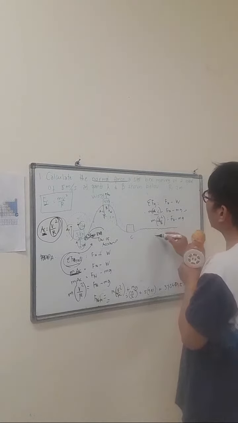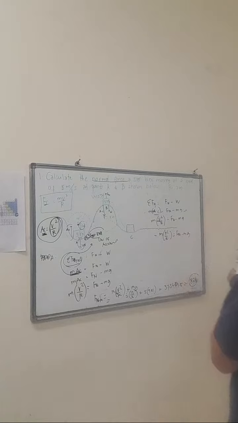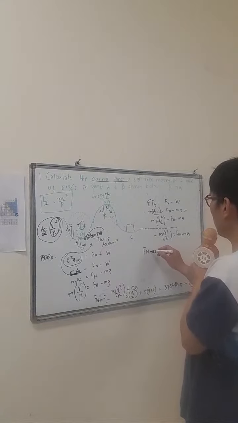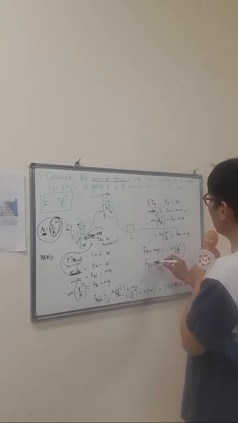Now it will become negative mv squared over r is equal to Fn minus mg. So Fn is equal to mg minus mv squared over r.